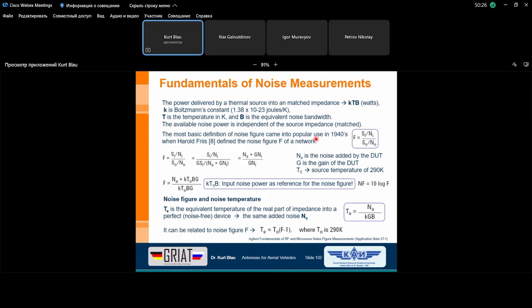Chain means it's a cascade of different blocks for a receiver, starting with the antenna, preamplifier, the next block, a mixer, for instance, with an oscillator as the next block, then intermediate frequency amplifier, and then the demodulator, because all signals must be modulated with the information we want to transmit.